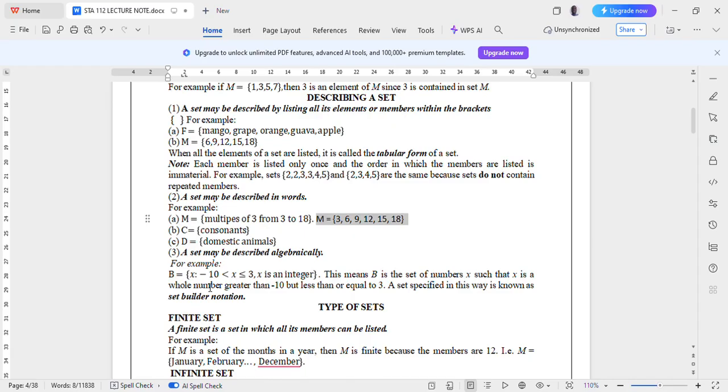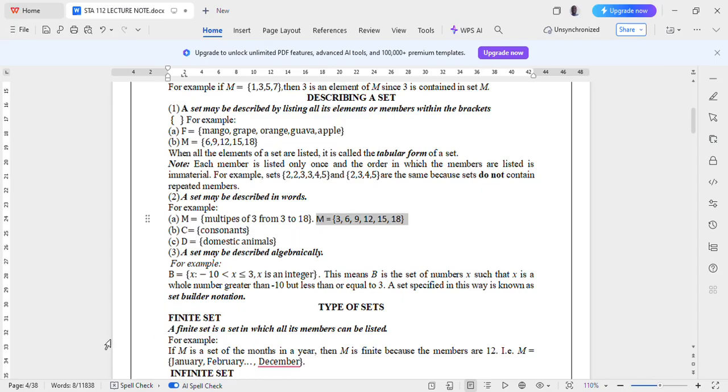What you see is minus 10 less than x less than or equal to 3. Yes, but it is not read that way. You start from x. If minus 10 is less than x, then x is greater than minus 10.